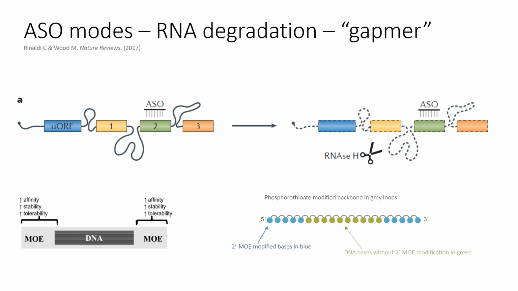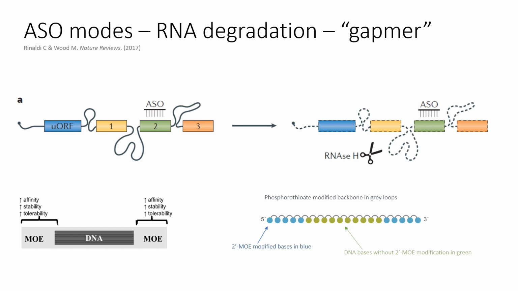One of the modes I want to talk about today that's relevant for the example I'm going to give, and it's also relevant for how you might apply this technology to KCNQ2, and it's really one of the most well-trodden modes of ASO action, so-called gapmer. I'll tell you why in a sec why it's called a gapmer. But in this mode, the ASO causes degradation of the target RNA, and this RNA could be a bad player, it could be a mutant piece of RNA, or it could be wild type, or it could be both.